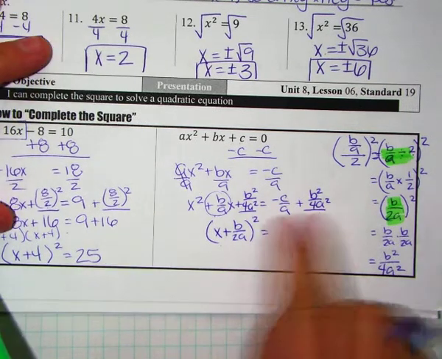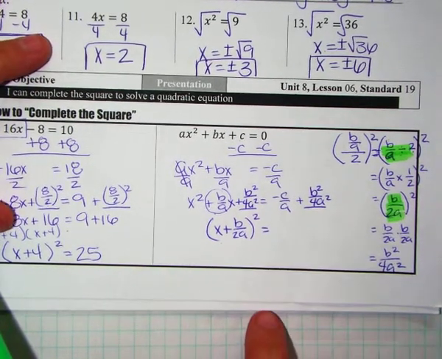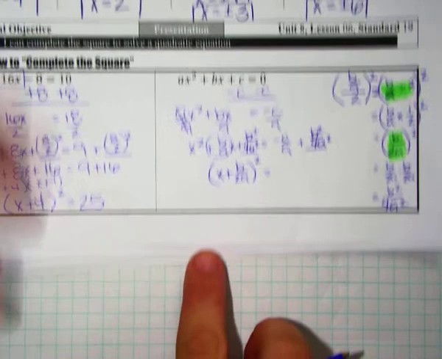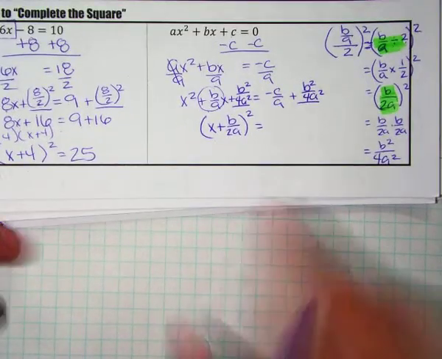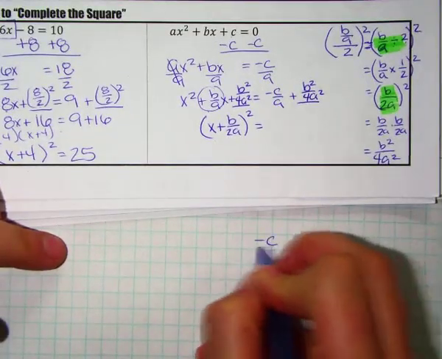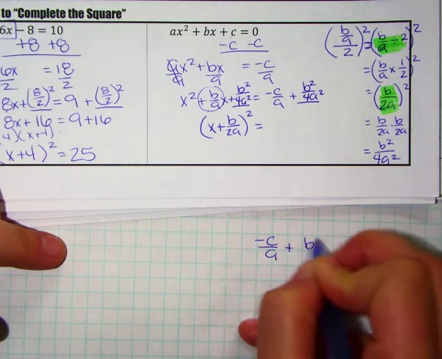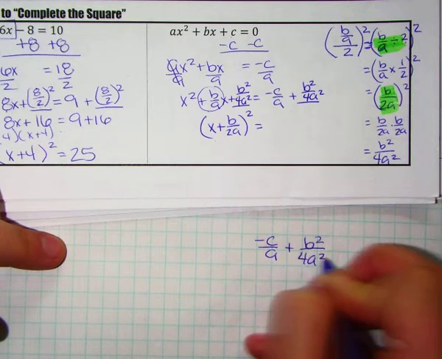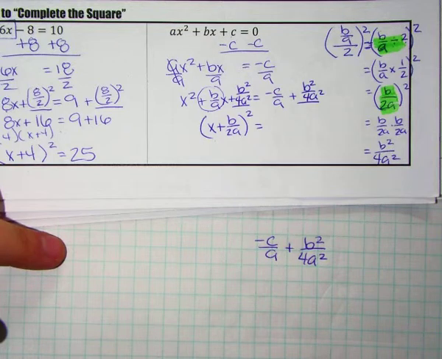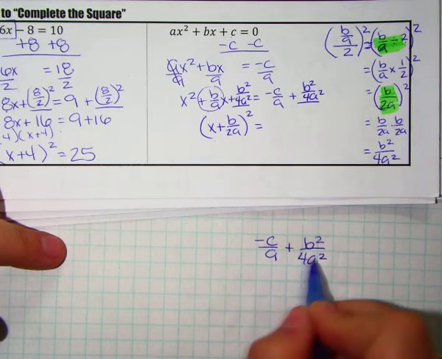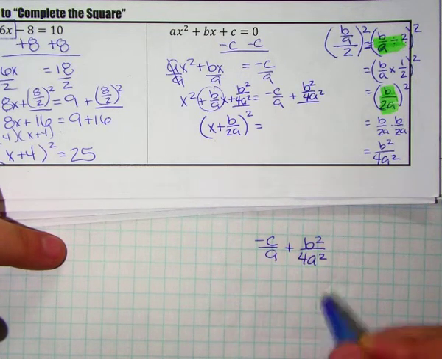Now, this right side is two fractions, and we need to combine them. I'm actually going to go to the scratch paper here to do that. Negative c over a plus b squared over 4a squared. Since we have two fractions, we need them to have common denominators so that we could add them.